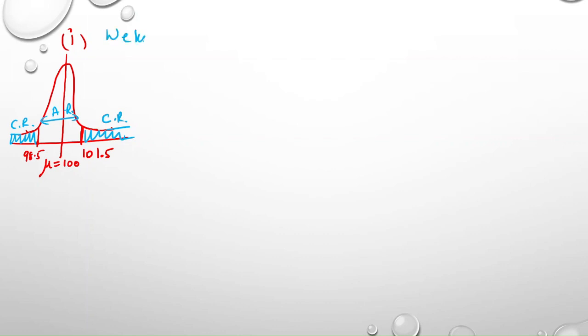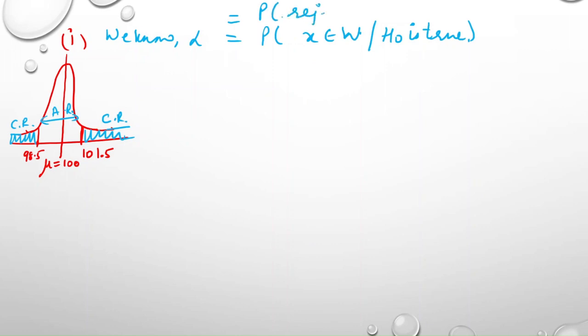We know alpha is the probability that X belongs to W when H naught is true. Now W is our rejection region. That means, if you don't remember, it is the probability that we reject H naught when H naught is true.